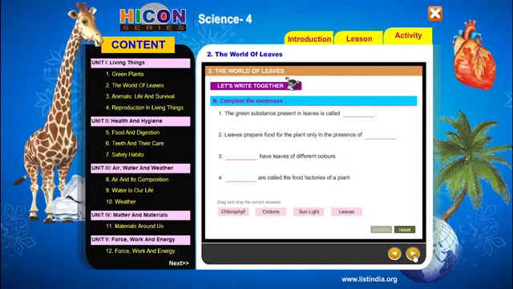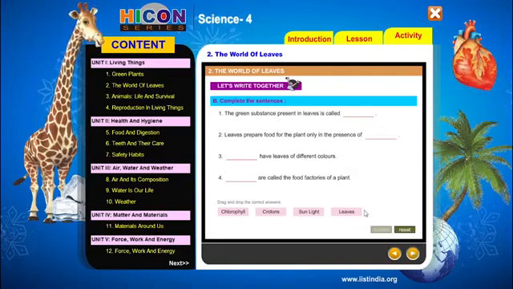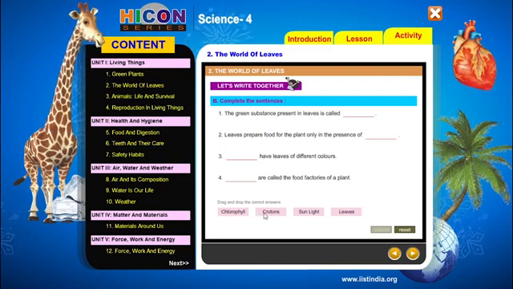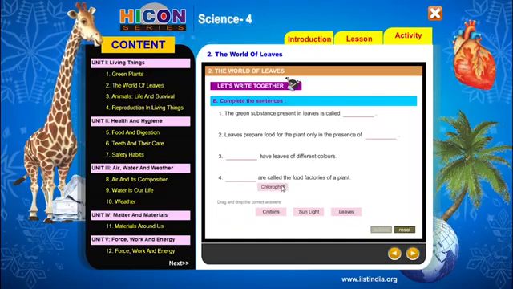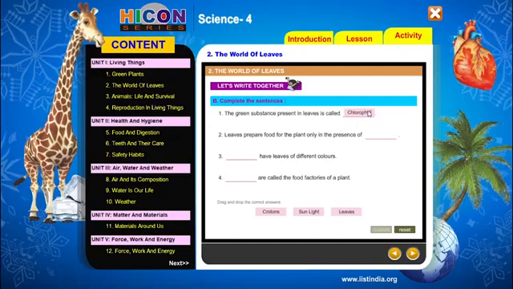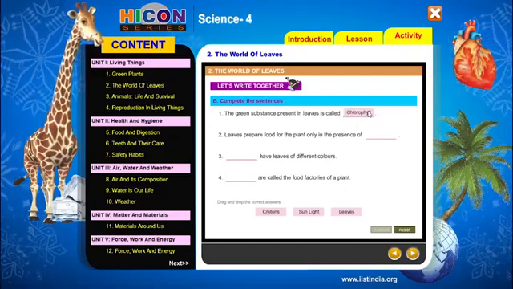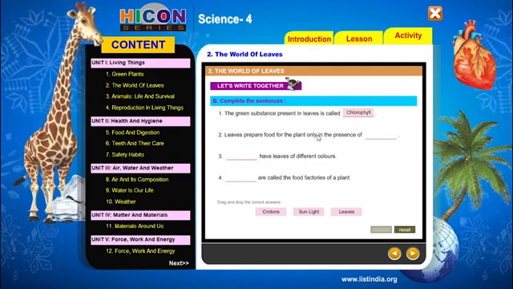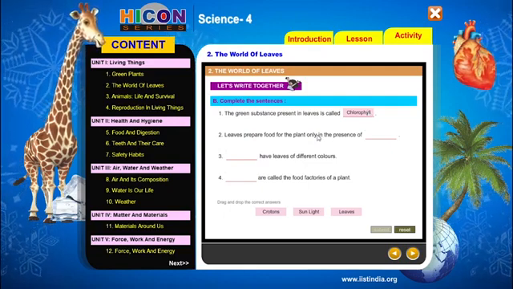Chlorophyll, crotons, sunlight, leaves. Among these, which one is the green colored substance that will cause green color for the leaves? Yes, chlorophyll. So chlorophyll is the green color substance present in the leaves. That's why leaves are green, because of this substance chlorophyll. So the correct answer for the first sentence is chlorophyll.